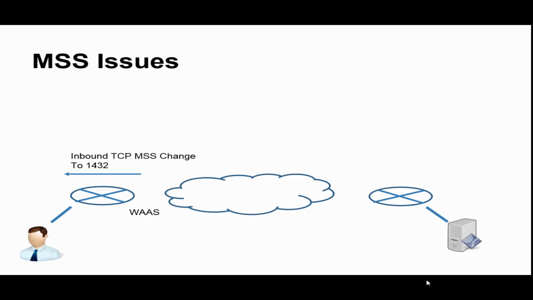The reason why is because when the client sends a SYN, as soon as it hits this router it is going to go, nope, we're not doing 1460s, we're doing 1432s, here you go server. And as soon as that happened, the server would respond with a TCP SYN-ACK of 1432. It doesn't even suggest 1460.